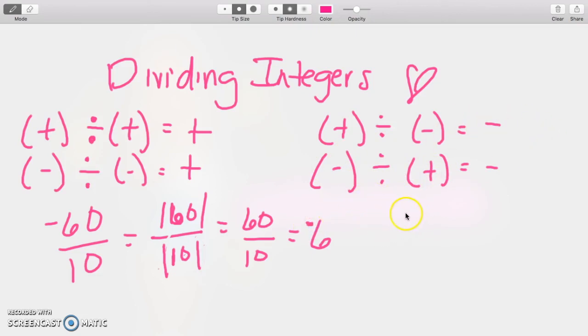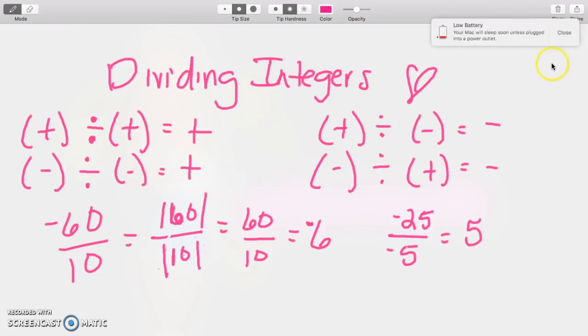Let's look at another example: negative 25 divided by negative 5. That's a negative divided by a negative, so my final answer will be a positive 5 according to my rules.